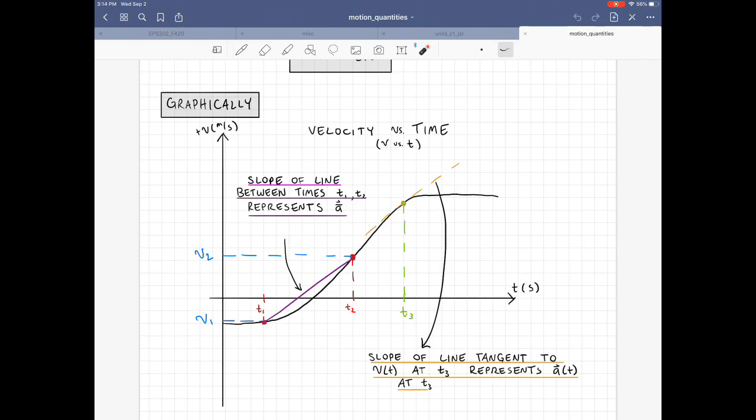Notice that just looking at the curve, you can immediately determine roughly what the acceleration is for the object down here. The object is almost traveling at constant velocity. This is almost horizontal, and it's negative.